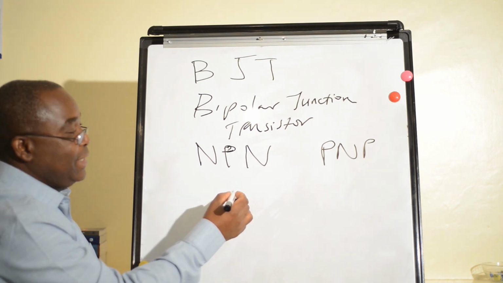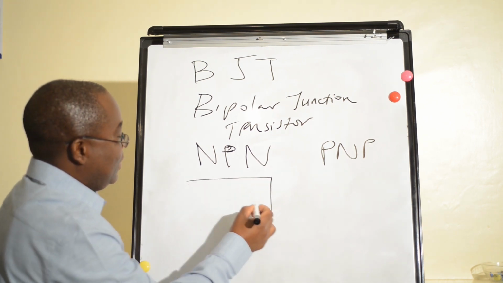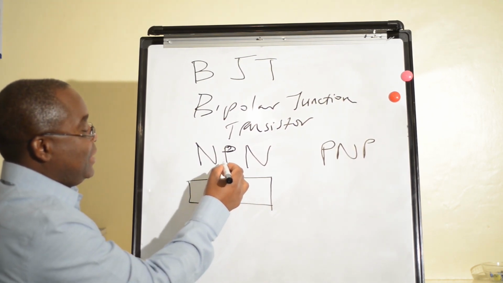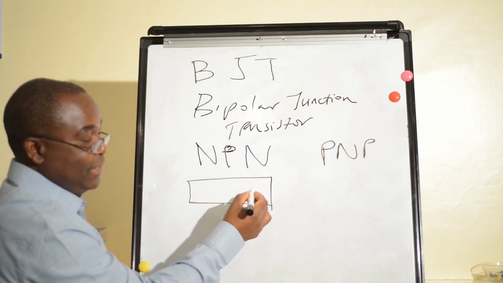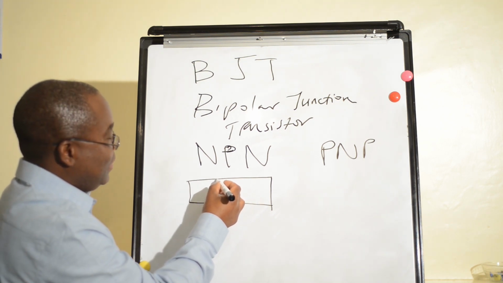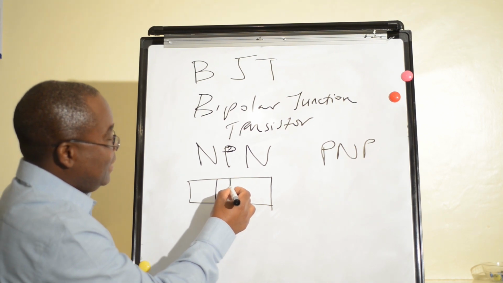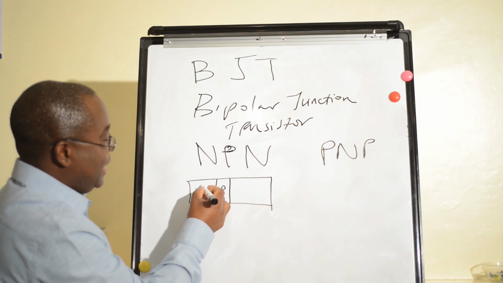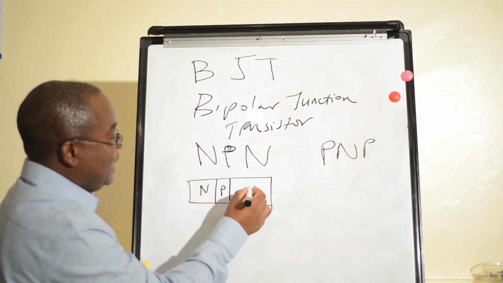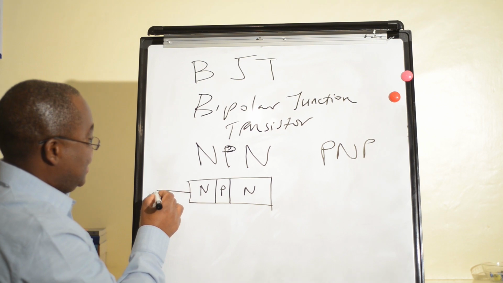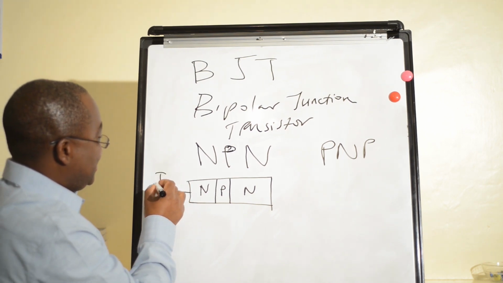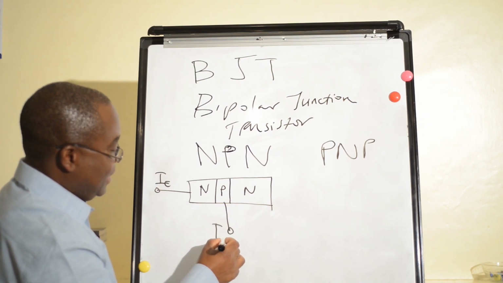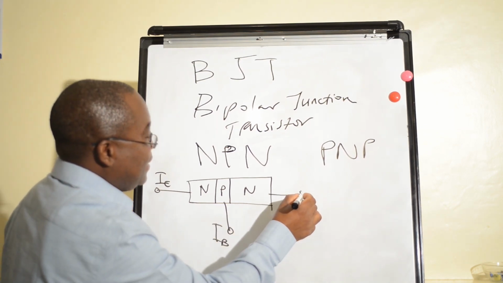In NPN, we have P material as the base, and the base width is small in construction. We have N here, P here, and N here. This is the emitter. Here we have the base, IB, and here we have the collector, IC.